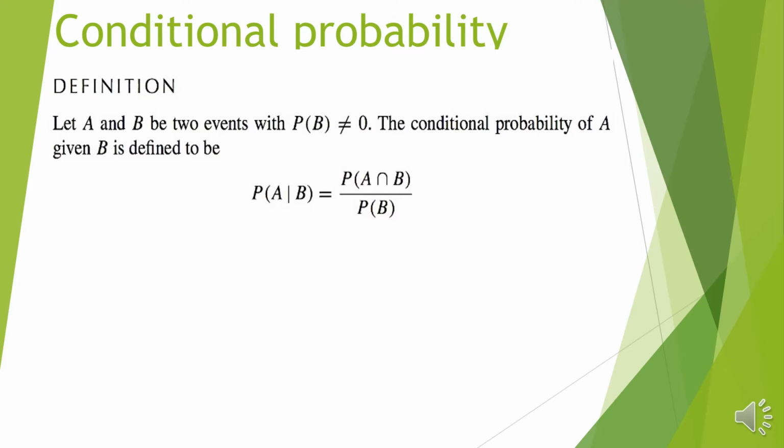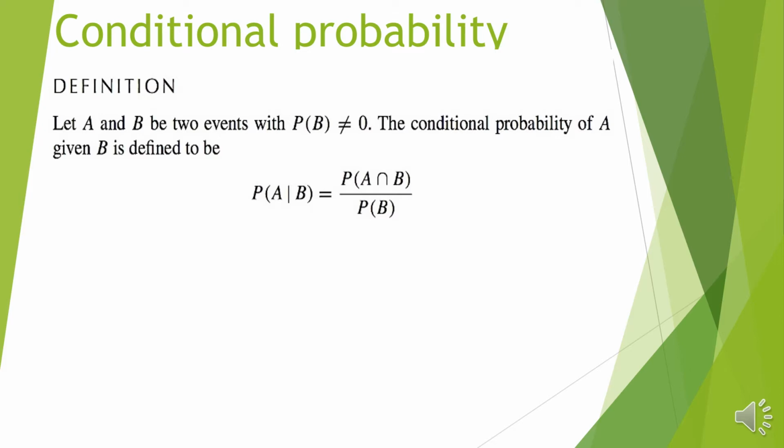The conditional probability of A given that B, you have to distinguish between the probability of B given that A and the probability of A given that B, is defined to be probability of A such that B equal, by notation, probability of A intersection B over probability of B. That's why we say the probability of B should be different from 0.